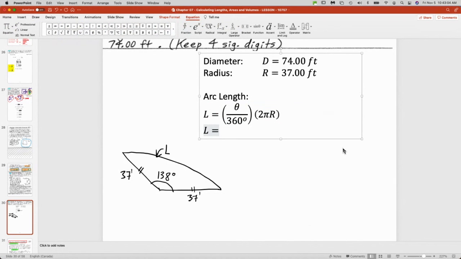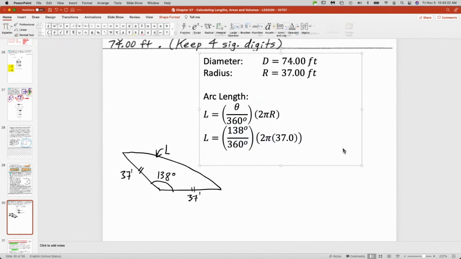So we have theta divided by 360, so 138 divided by 360, times 2 pi 37. And you can just type it all in your calculator and let me know what you get as an answer.